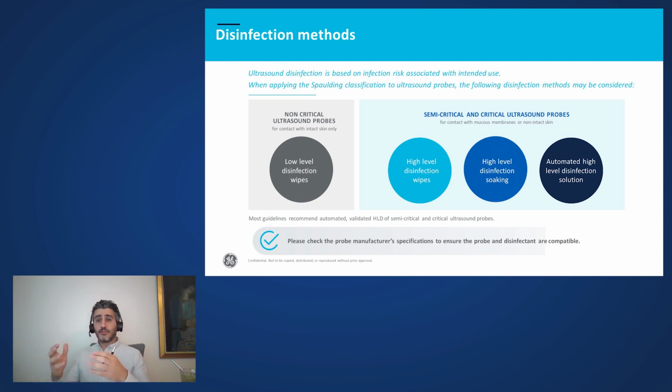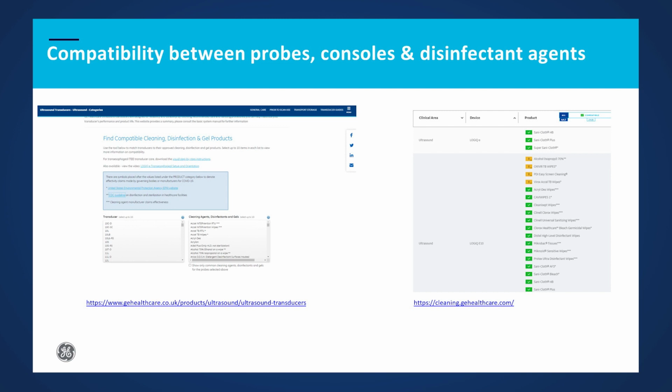One important thing to think about when choosing the method or the chemical that you want to use for disinfecting your probes is checking with the manufacturer if this chemical is compatible with the probe and the ultrasound systems you have. We at GE Healthcare have a very good webpage, a useful one, and very easy to use.